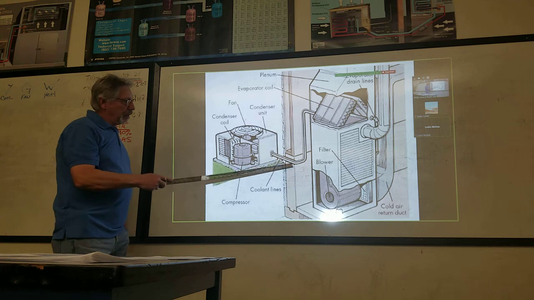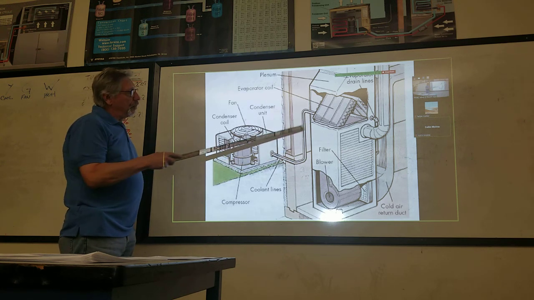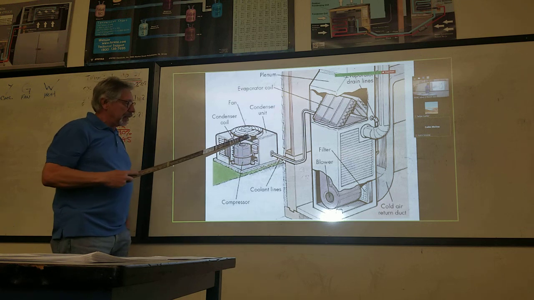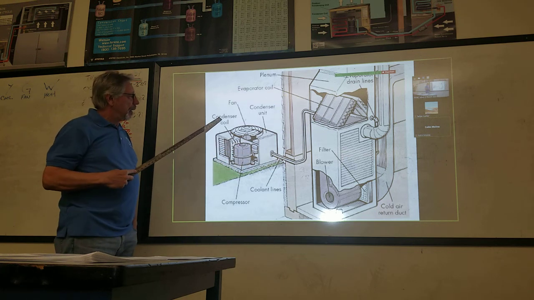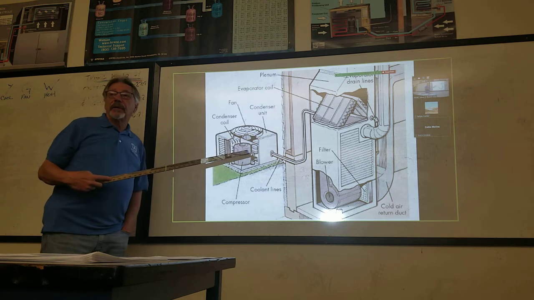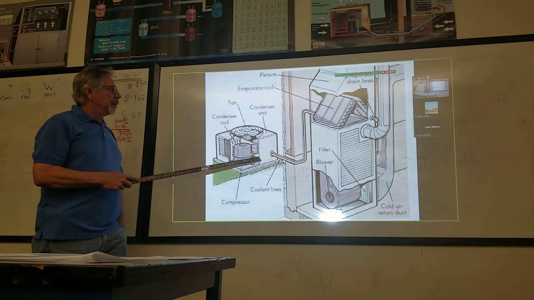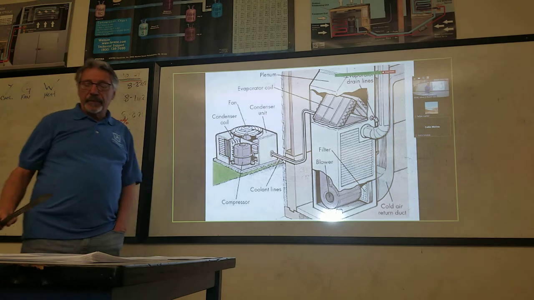The refrigerant lines go from the evaporator coil to the condensing unit. And there's the coil, here's the compressor. You know all that stuff, it's all in the book there.